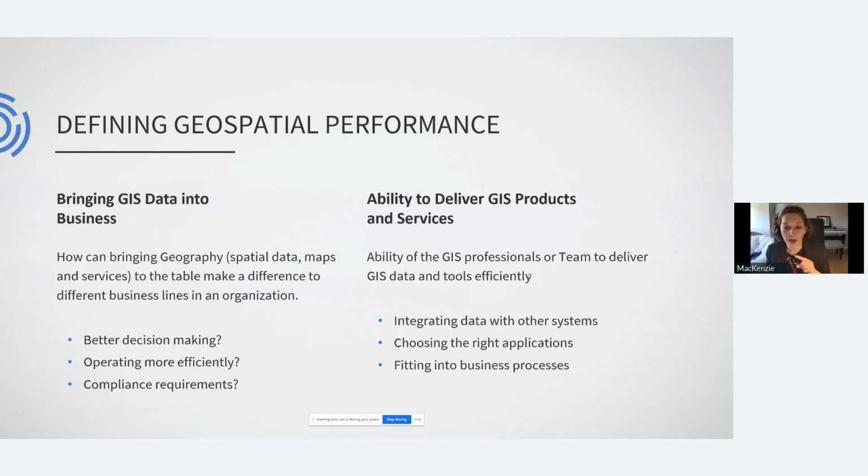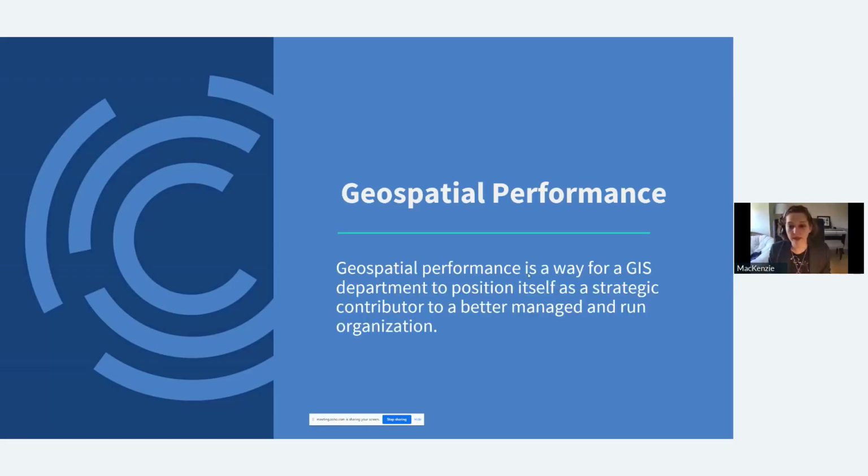That can mean our ability to integrate our data with other systems, choosing the right applications for the right business needs, and fitting into the overarching business process. And then we'll look at how we can use automation and different kinds of tools to try to improve our performance.